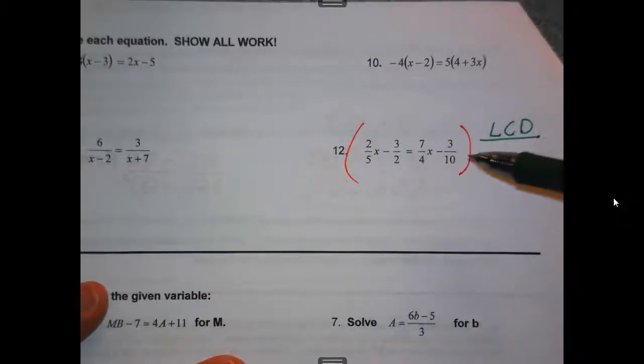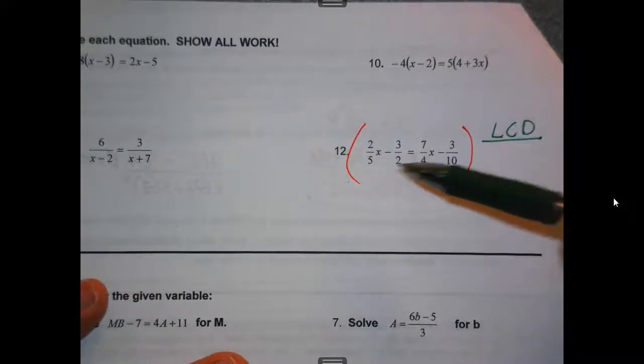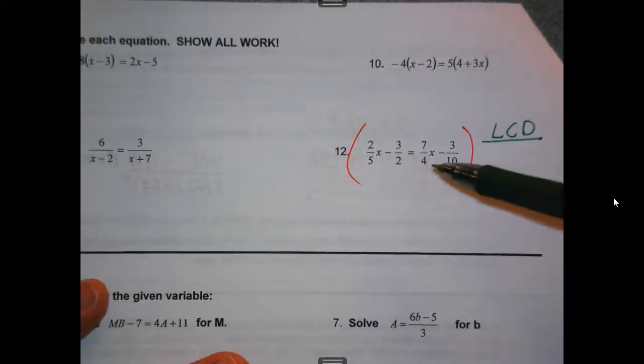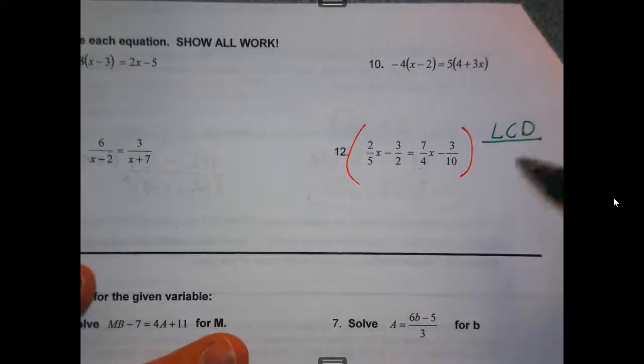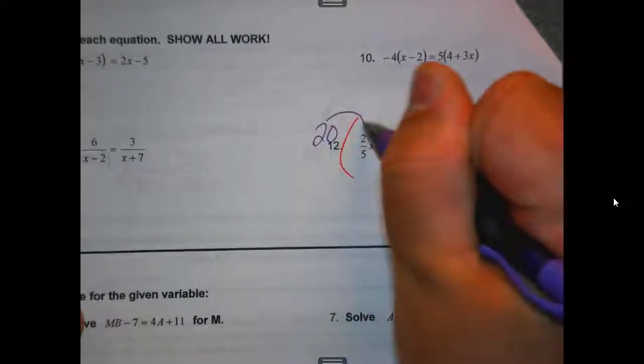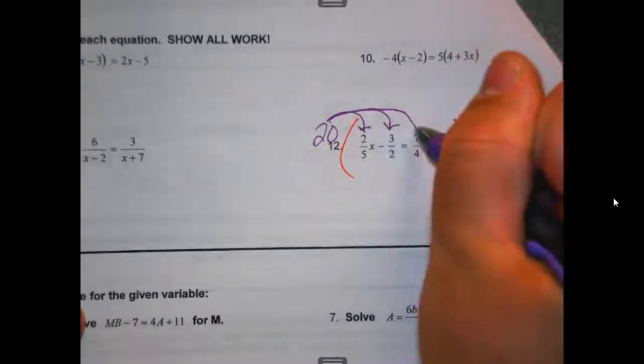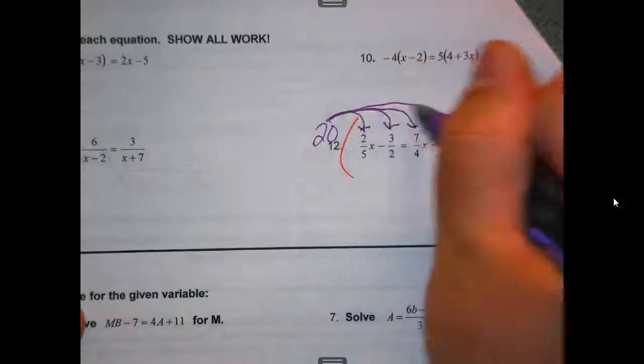Is 4 a factor of 10? No, it's not. Try the next multiple of 10, 20. Okay? Is 5 a factor of 20? Yes. Is 2 a factor of 20? Yes. Is 4 a factor of 20? Yes. So 20 is our lowest common denominator. Make sense? So I'm going to multiply every term by 20. And again, I highly suggest using a calculator.